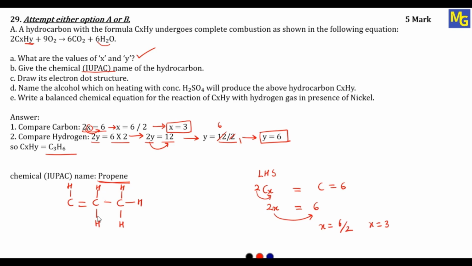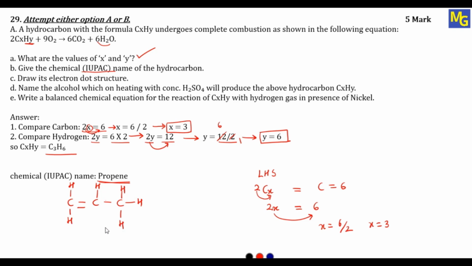So I will remove one hydrogen from this carbon and put it on the first carbon. Therefore, we can balance the valency of the carbon. So I will remove all these hydrogens and then shift one of the hydrogens to the other side. I will put the double bond here, H, H, then H, H and H.